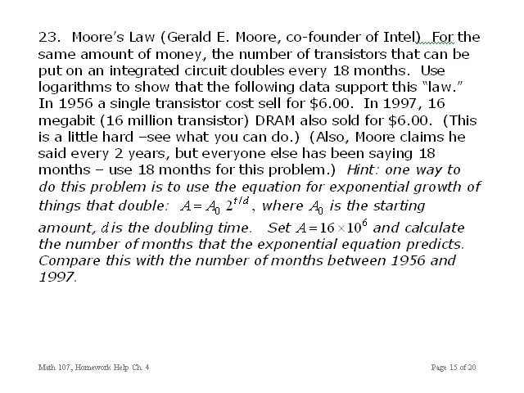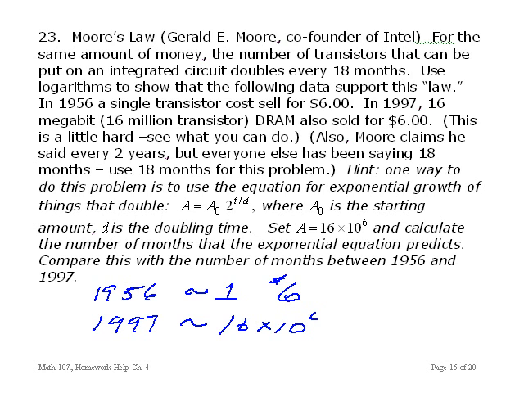So the data that we have is that in 1956, one transistor cost $6. Okay. Then we're going to go up to 1997, and at that case you could get this DRAM that had 16 million transistors on it, so that's 16 times 10 to the 6th. That's how many transistors you got, also for $6.